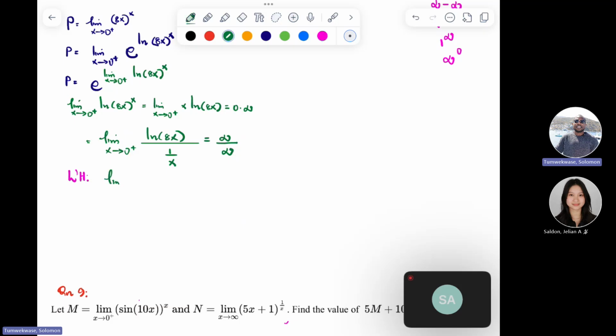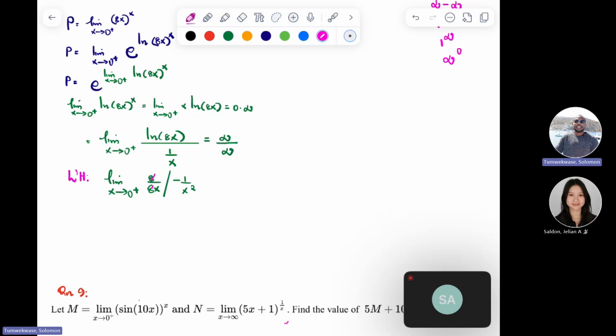Now, if I have that indeterminate form, then I can use L'Hopital's rule. So this will be limit as x approaches 0 from the right. And L'Hopital's rule says that I differentiate the numerator. So differentiate natural log of 8x, which is just 8 over 8x, right? Then divide by the derivative of 1 over x, that is minus 1 over x squared.